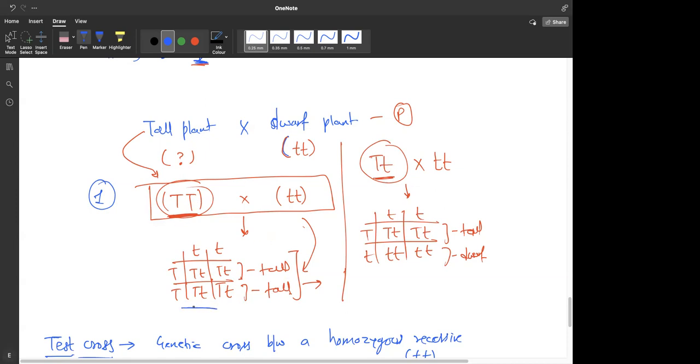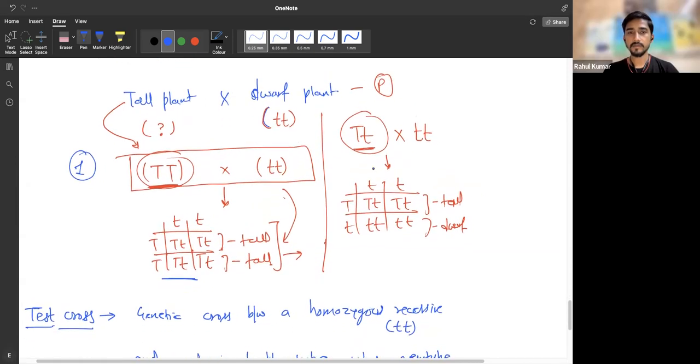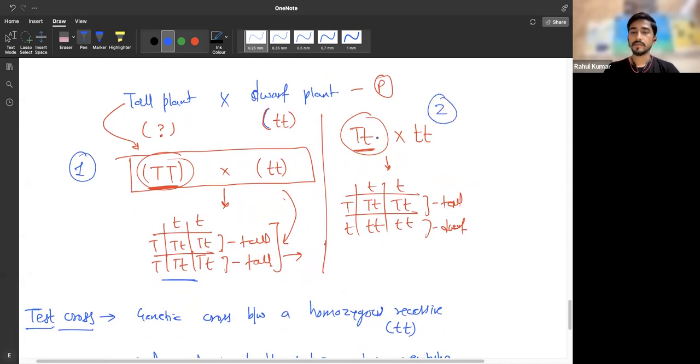Yes, sir. And just complete this. Then you will make case 2. Same statement: if we cross a dominant phenotype with a recessive phenotype and get equal proportions of dominant and recessive phenotypes in the next generation, 2:2, right?